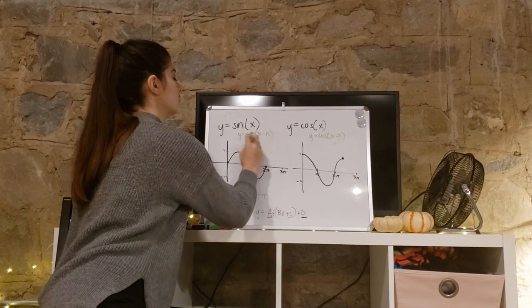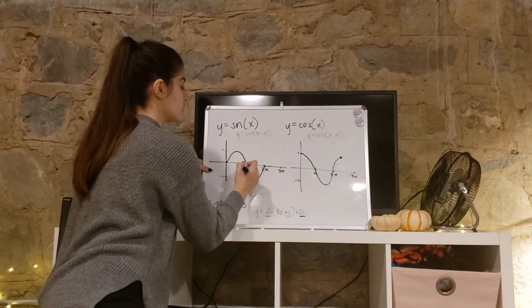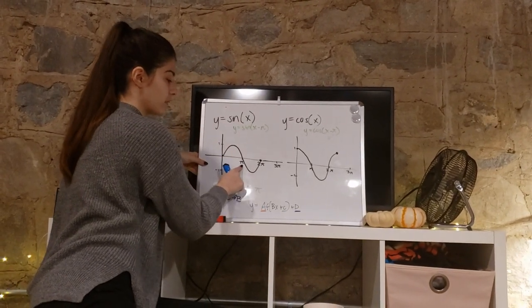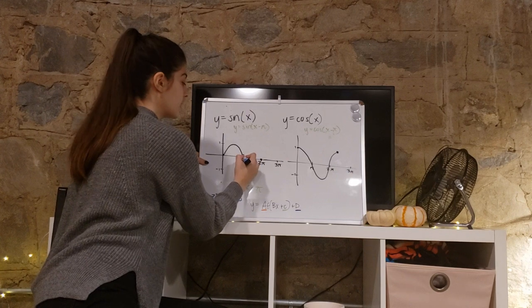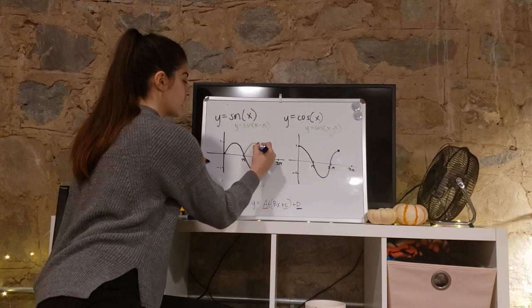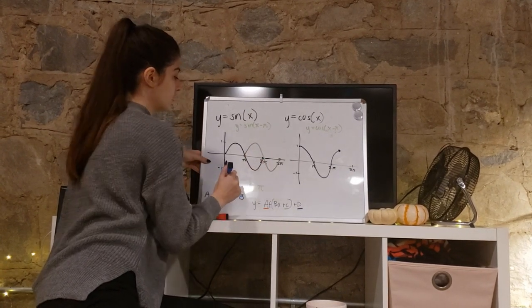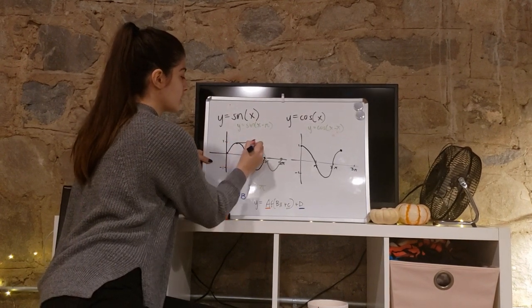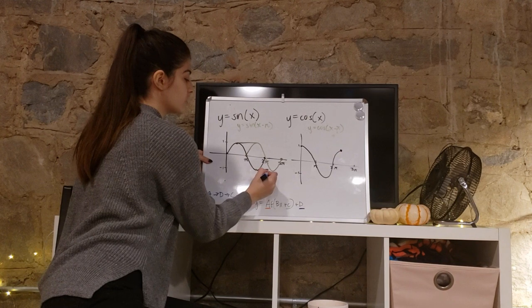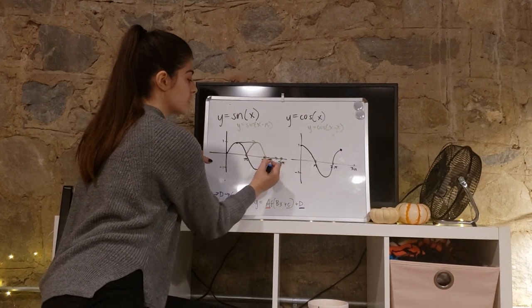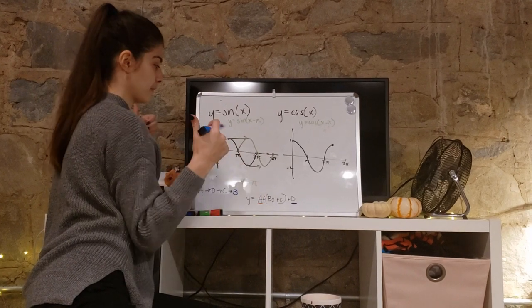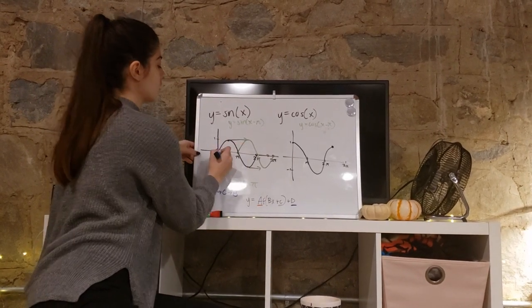This whole graph is going to shift pi units to the right. Notice I've labeled my units pi, 2 pi, 3 pi to make it convenient for everyone to see. That means it's now going to look like that. This invariant point has shifted pi units, this one has shifted pi units, this one and this one too.